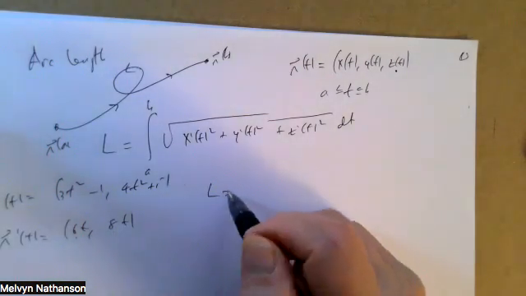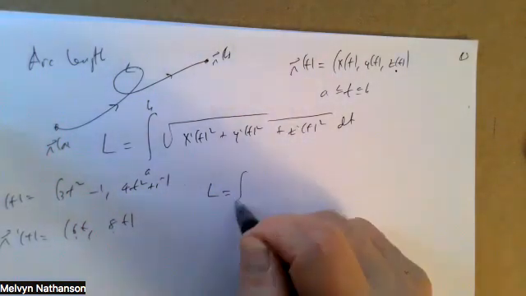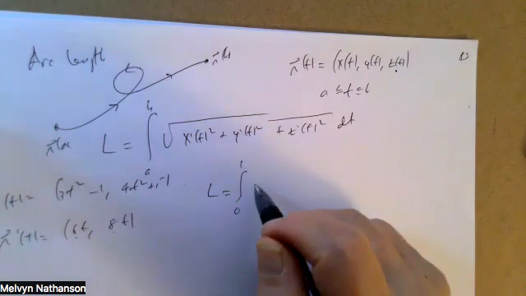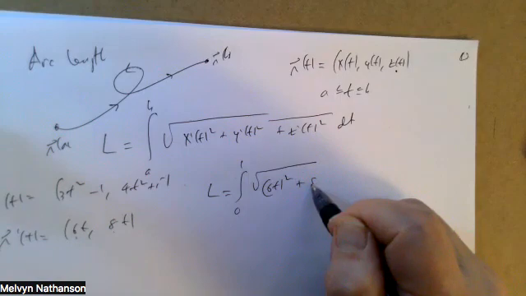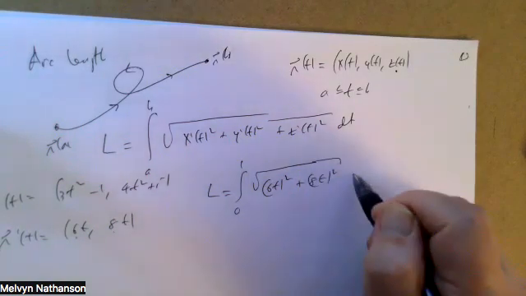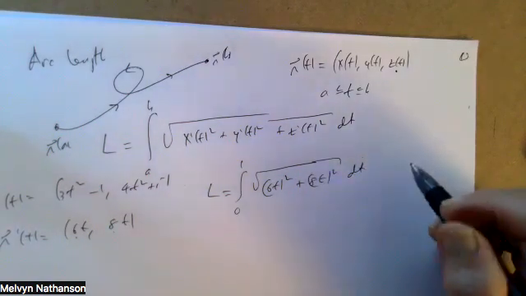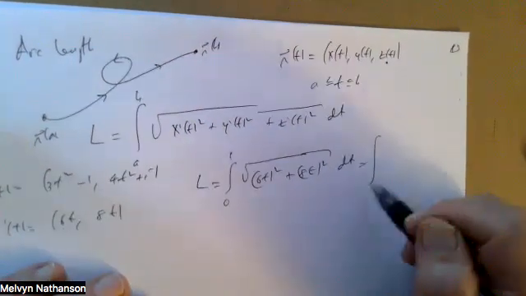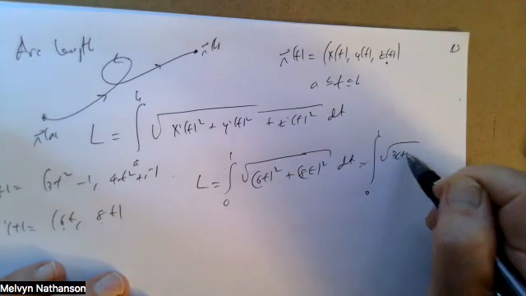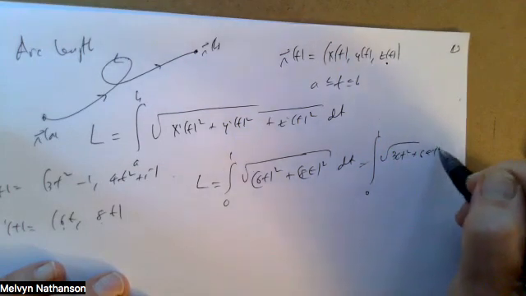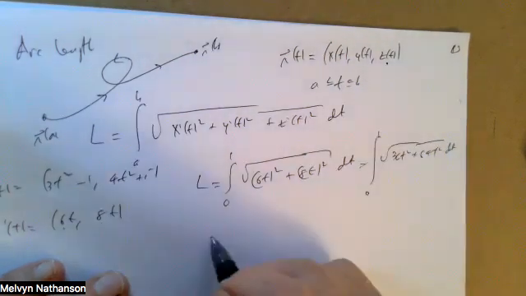So the length, and we're going from 0 to 1, is the integral from 0 to 1 of the square root of 6t squared plus 8t squared dt. That's the integral from 0 to 1 of the square root of 36t squared plus 64t squared dt.